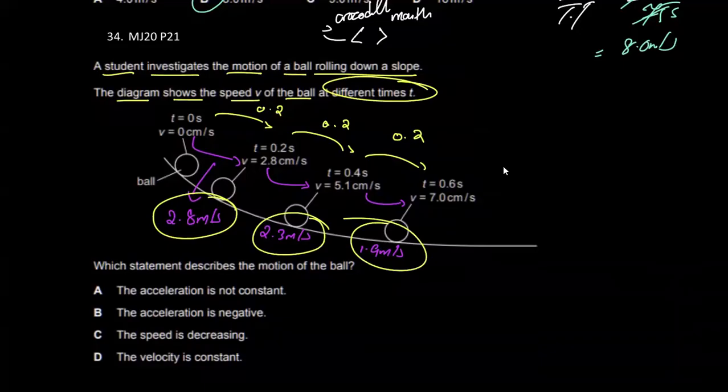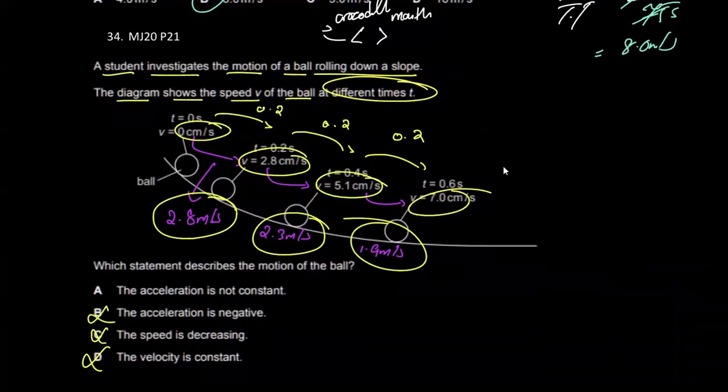What is being shown over here? What is happening to the acceleration? What do you guys think is the answer? Let's start from D. The velocity is constant. No, it is not. The speed is decreasing. No, the speed is increasing. The acceleration is negative. No, it is not.